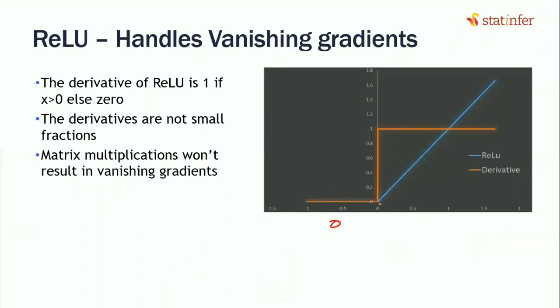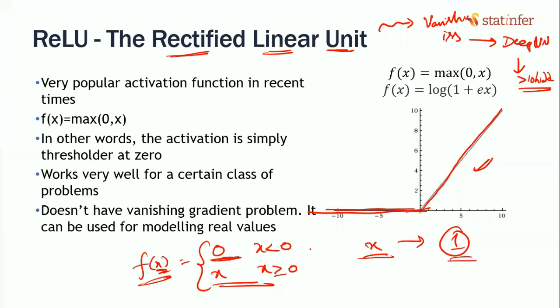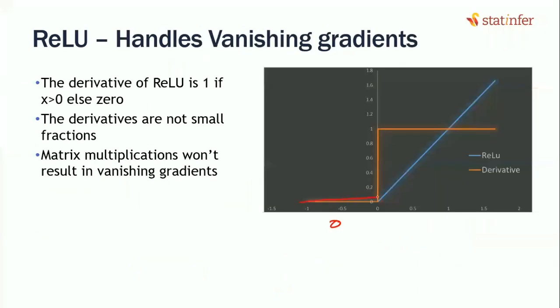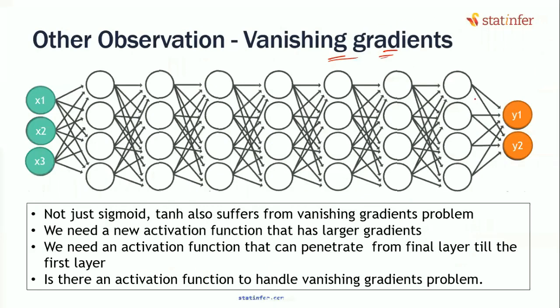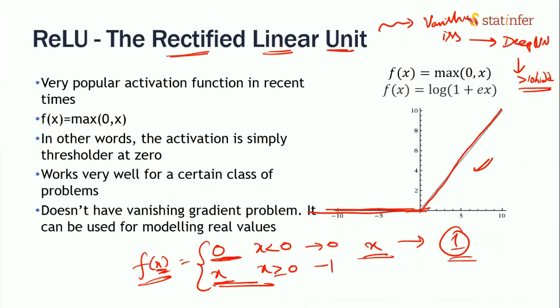But when it is positive, the derivative of x is 1. So until here, the derivative is 0. From there, the derivative is static. This way, the derivatives won't vanish. The gradient values will never get less than 1. It will keep alive. By doing so, we can avoid that issue of vanishing gradients.